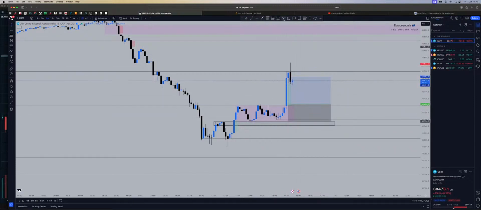If the price comes straight back down here, I would just not enter. I would like to see some bearish weakness here, some price action, before entering, so I don't have any limit orders.